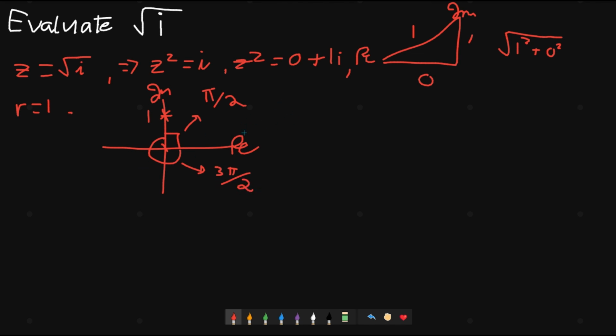Then, writing our complex number in polar form, we get z squared equals 1 times cosine of theta, which is pi over 2 or 3 pi over 2. Let's just write it as pi over 2 right now, plus i times the sine of pi over 2.